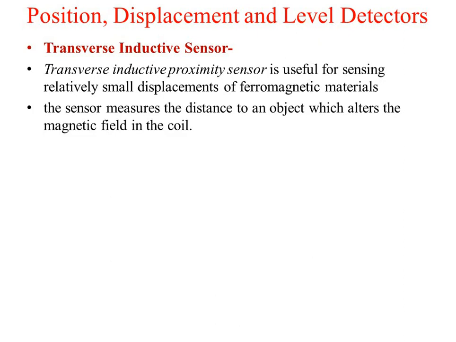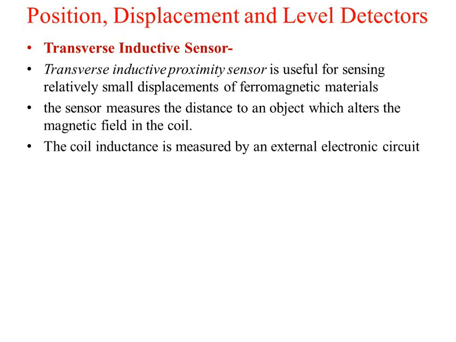The sensor measures the distance to the object, which alters the magnetic field in the coil. The coil inductance is measured by an external electronic circuit. So here the inductance is measured, and that inductance is changed.